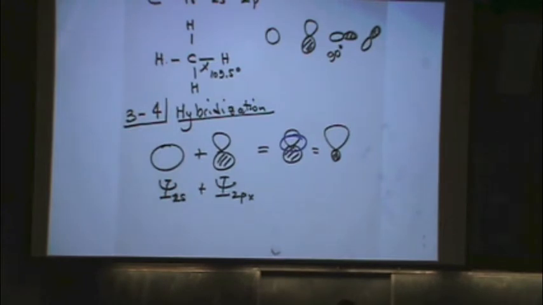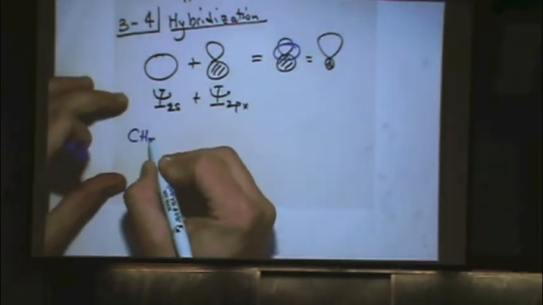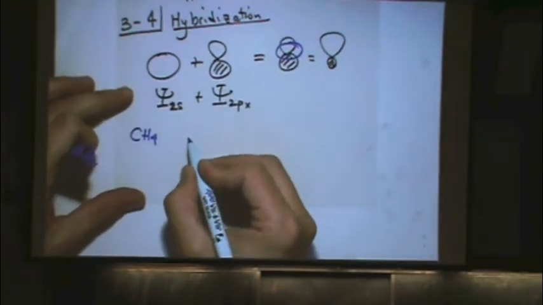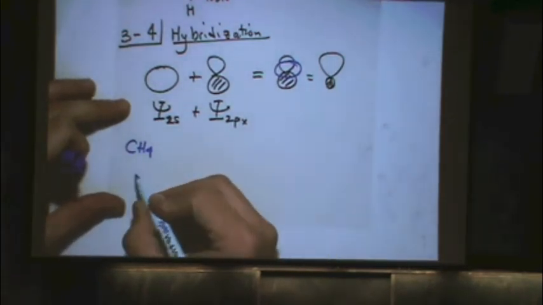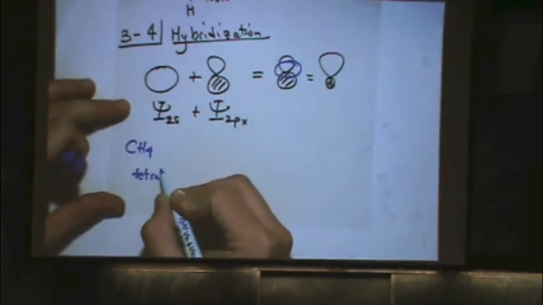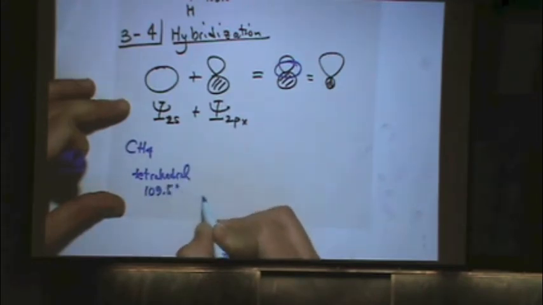Okay, so let's go through the 3 standard examples. The first one is with CH4, which is tetrahedral. I drew it up above. This is tetrahedral. It has a 109.5 degree bond angle.